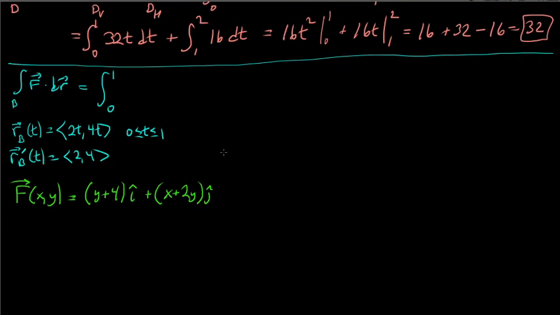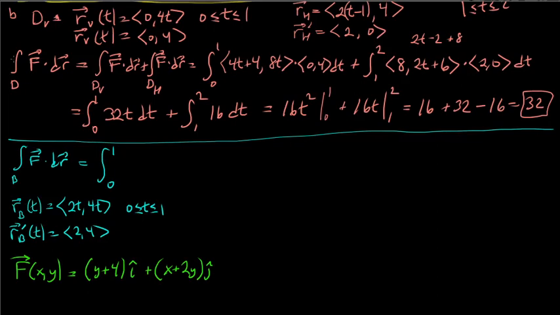Okay. So y plus 4 down here is going to be 4t plus 4 for the first component. And then for the y component, x plus 2y is 2t plus 8t. So 2t plus 8t is 10t, right?